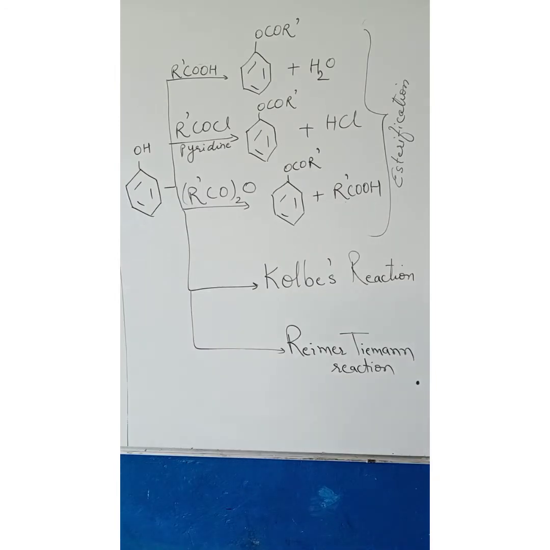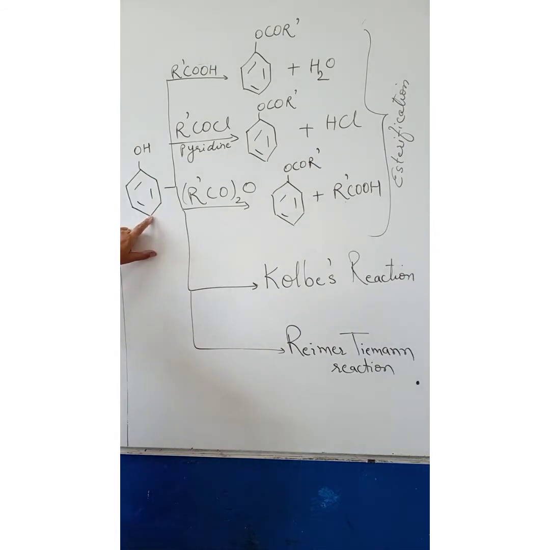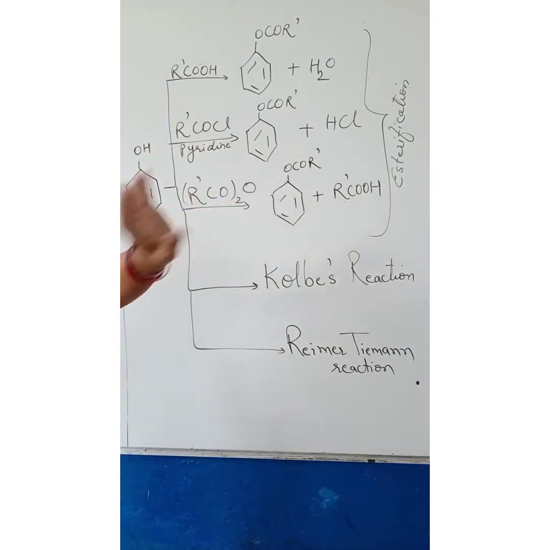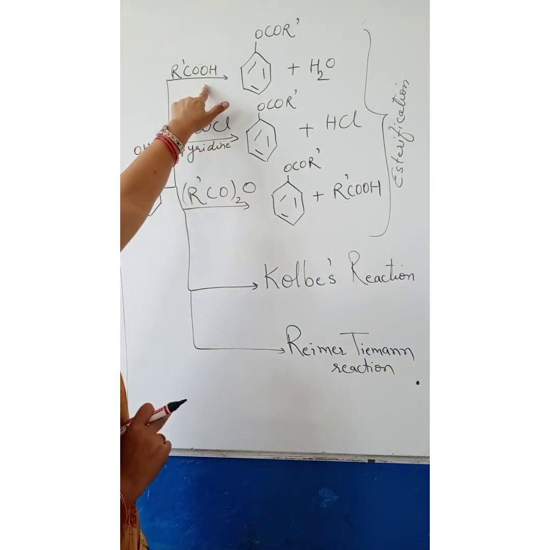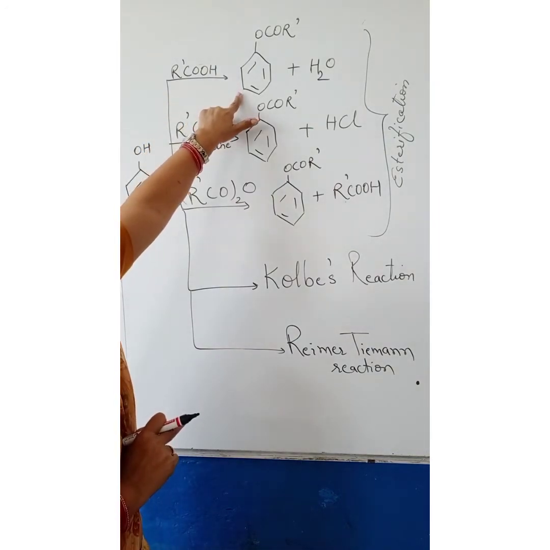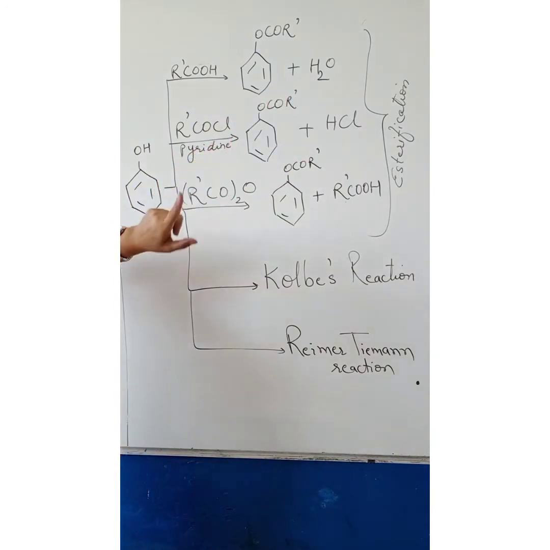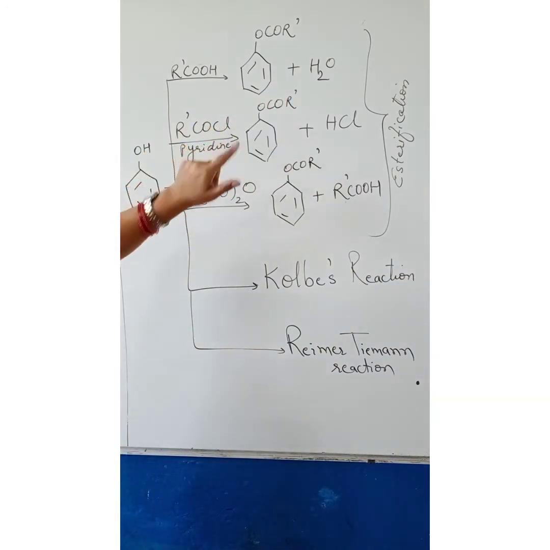Phenol reacts with acid chloride or acid anhydride to form ester. Let us see all these 3 types of reactions, and together they are known as esterification reaction. Phenol reacts with carboxylic acid to form ester with water. It reacts with acid chloride.